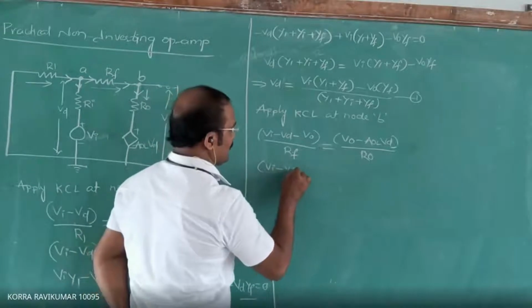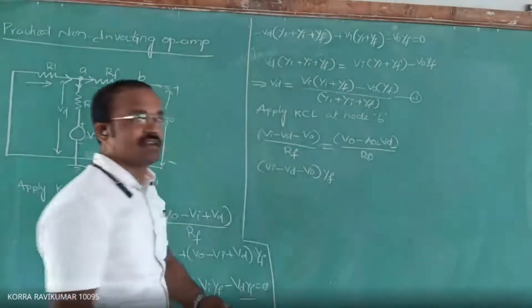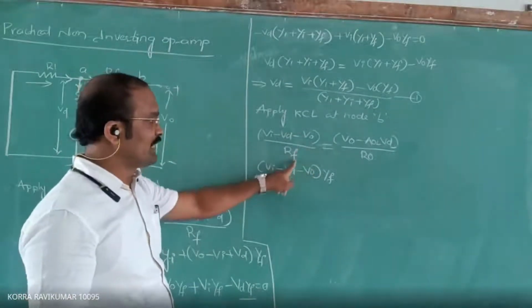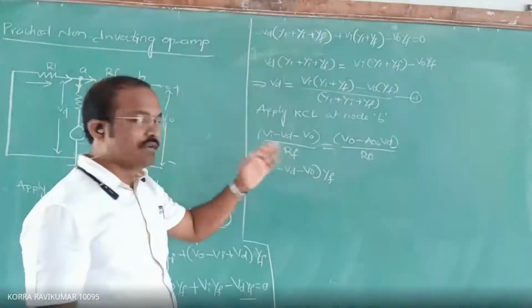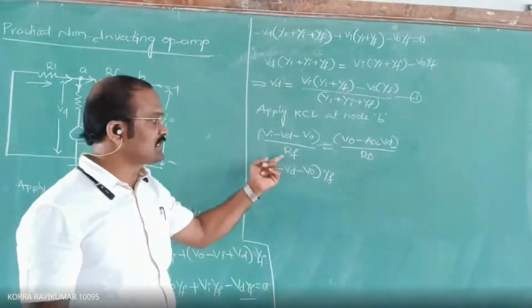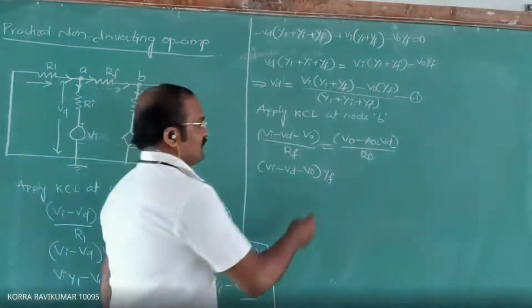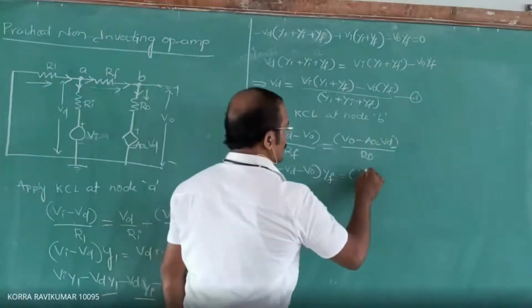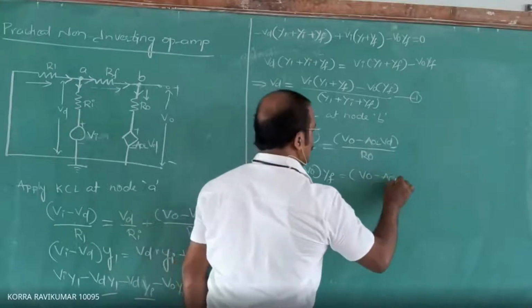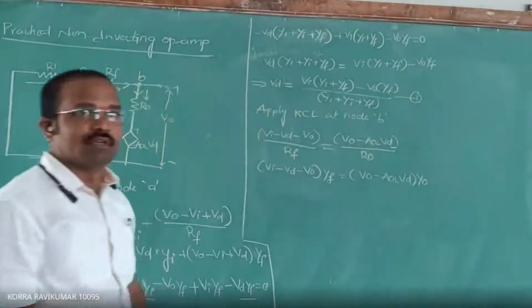Vi minus Vd minus V naught into Yf, where Yf is equal to 1 by Rf. Do remember it. For easy simplification, I am converting the resistance into admittance. The value remains the same, it will not change. Which is equal to V naught minus AOL Vd into Y naught. Now simplify it.